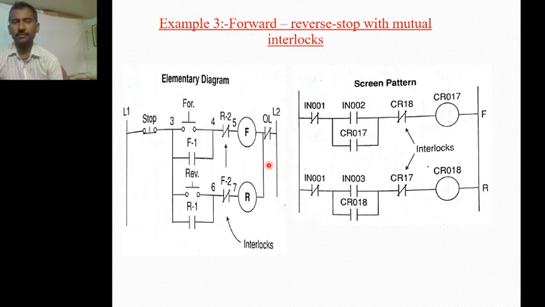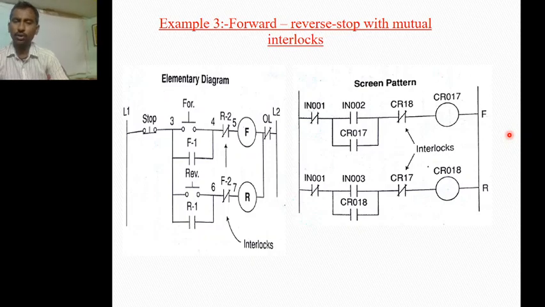And coming to the third example. So what is the third example? If you press one switch, the motor will run in one direction, that means forward direction. And if you press another switch, IN003, then the motor will rotate in the other direction, that is the reverse direction.